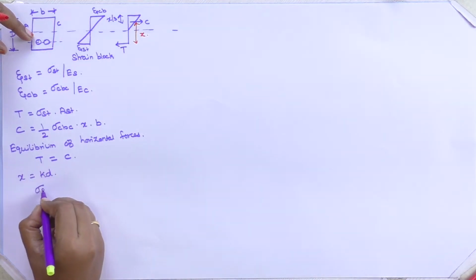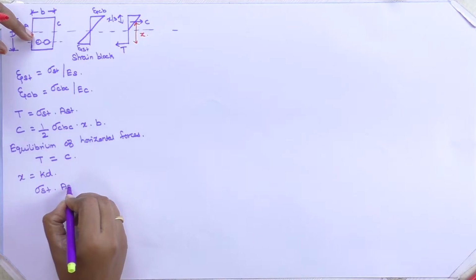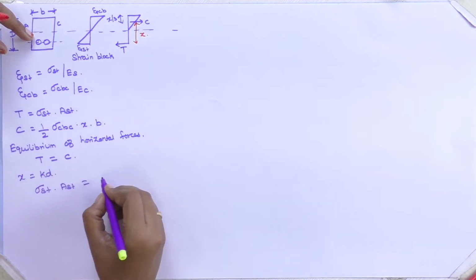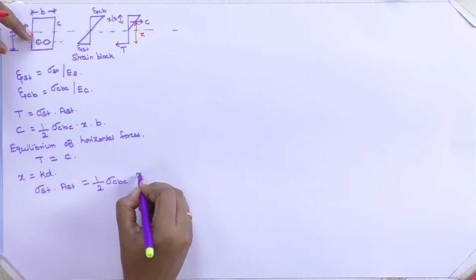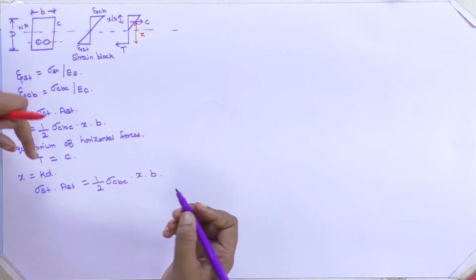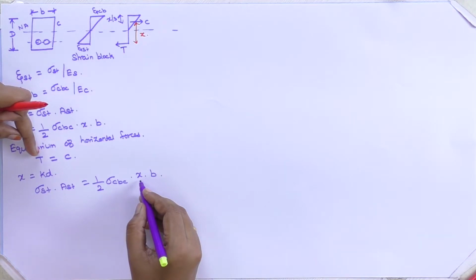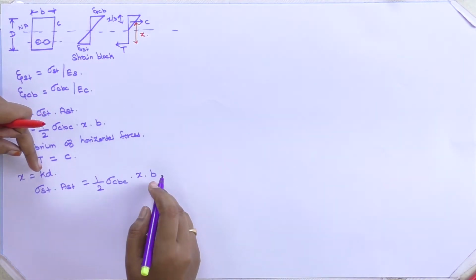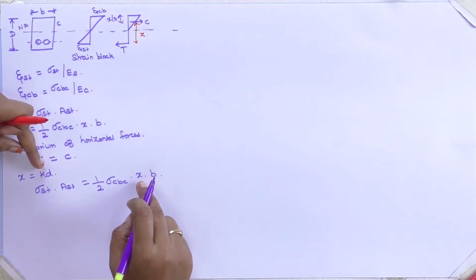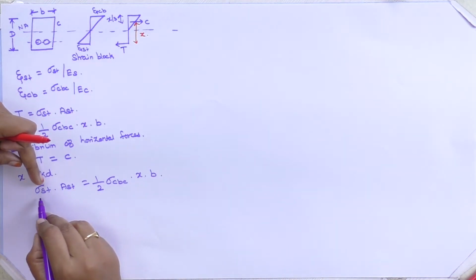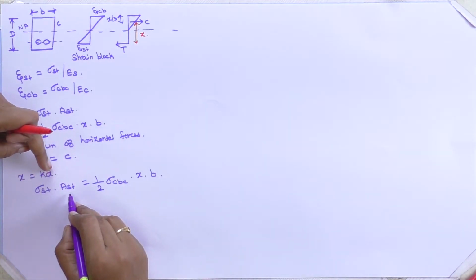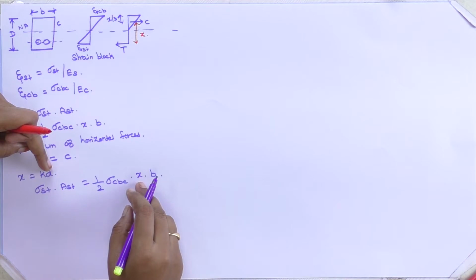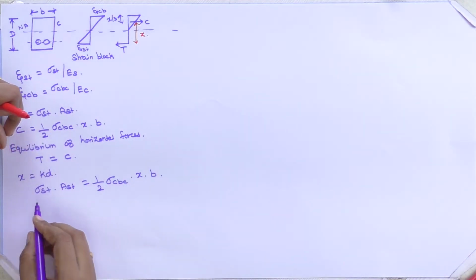T, sigma st into AST, is equal to half of sigma CBC into x into b. Here for this x we can write it as kd. If you want to calculate the depth, we can calculate from this method. We all know about the design constants sigma st, sigma CBC. When the AST is being provided, we can calculate the depth of your section. Okay.